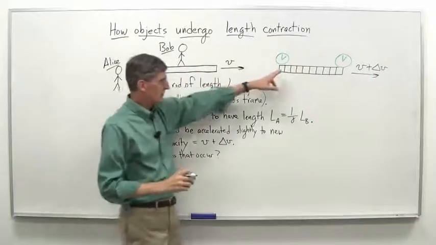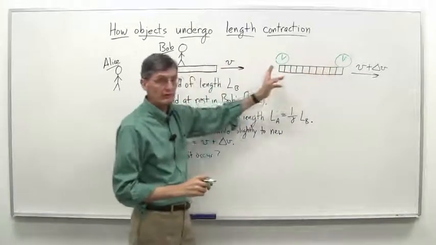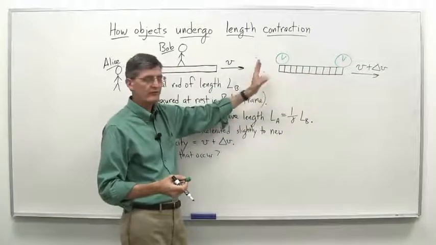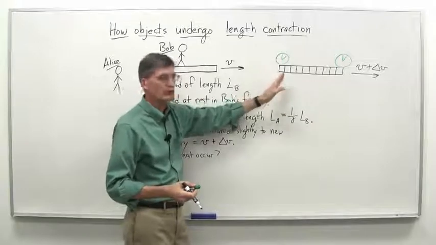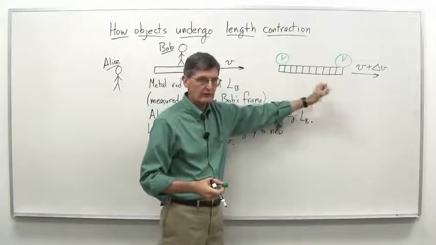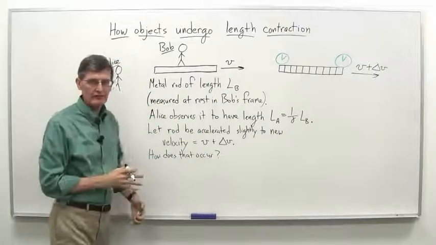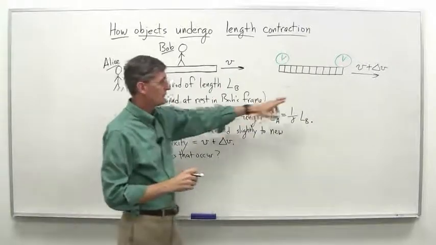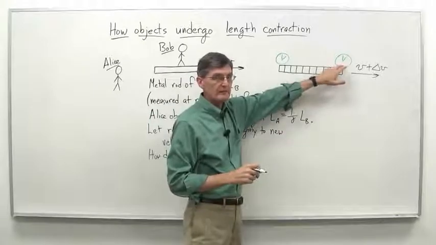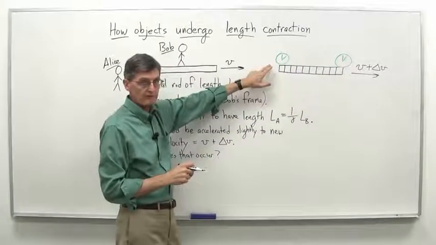Well, she sees Bob's two clocks here, which are synchronized to him, and that synchronization enables him to give the little push to the back just at the same time as he gives the front a push. But Alice, of course, does not see it that way. She sees, remember the leading clock here? The leading clock lags the front clock.